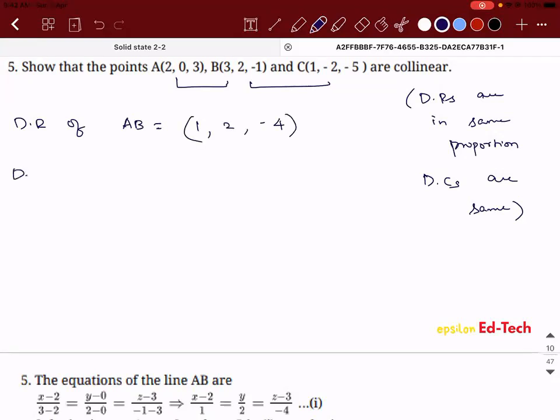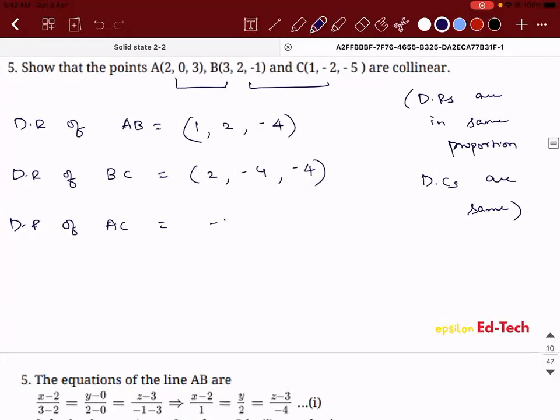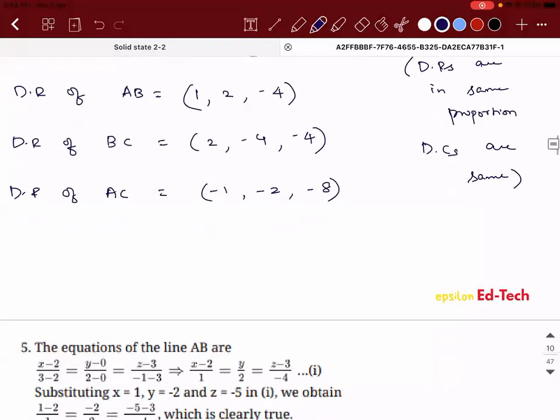Okay. DR of BC is how much? 2, minus 4, minus 4. DR of AC is how much? Minus 1, minus 2, minus 8.